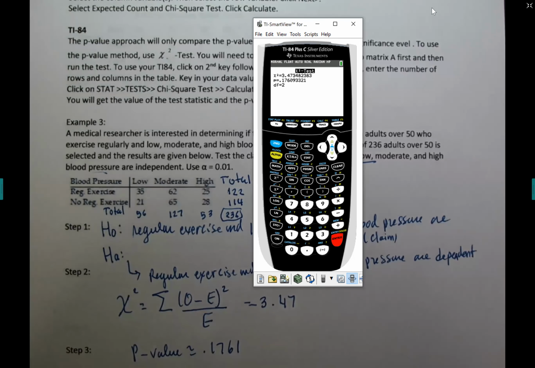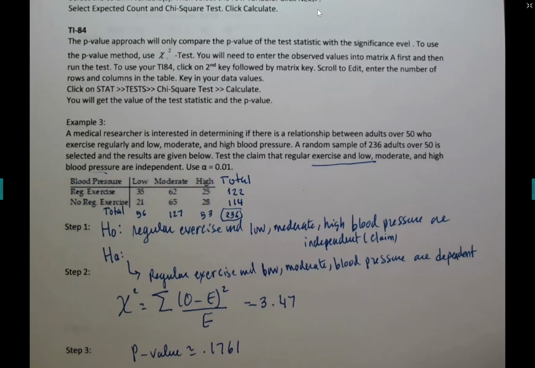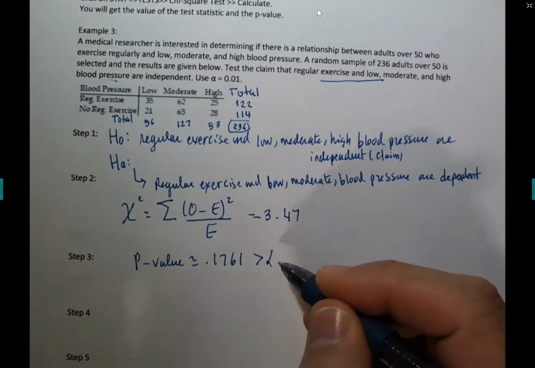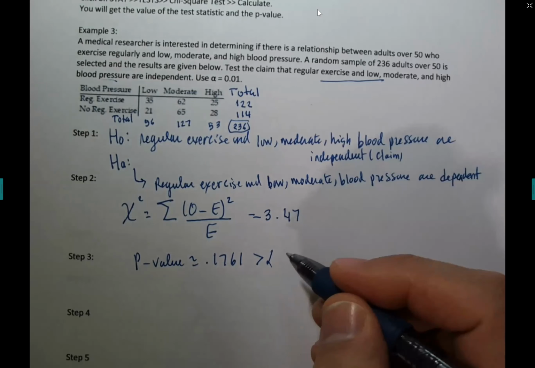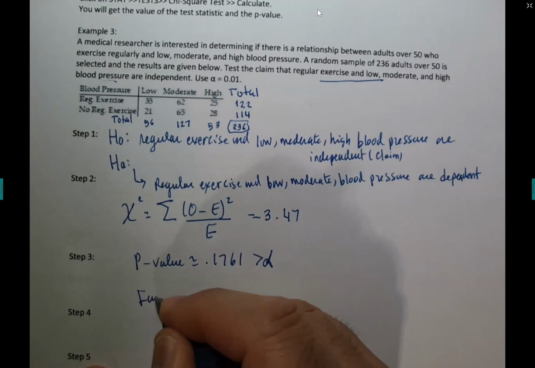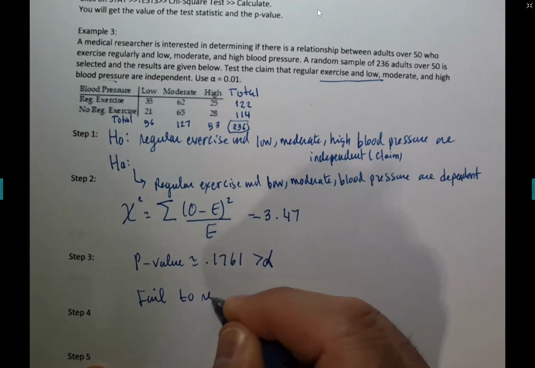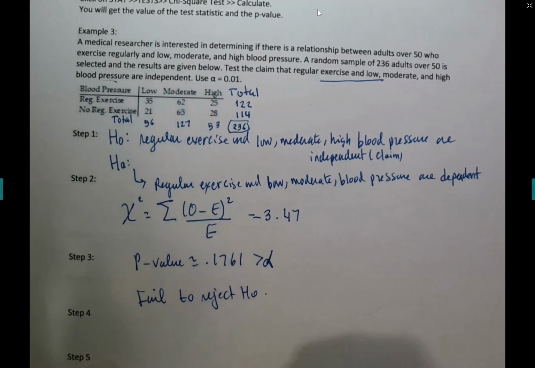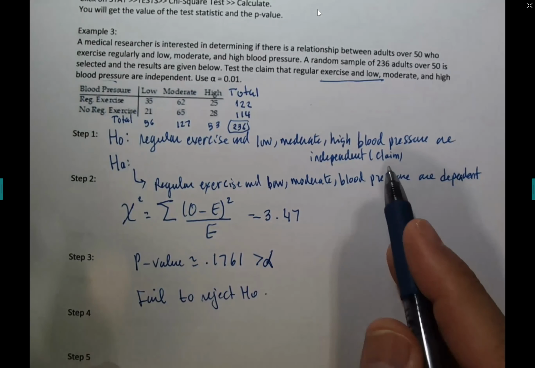I don't need the calculator for now, guys. Just I'll have it retire for now. And let's continue. P-value is more than alpha. Fail to reject H0. Conclusion. The claim is in H0, guys.